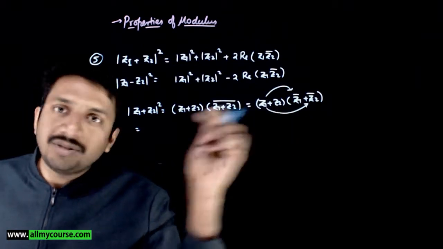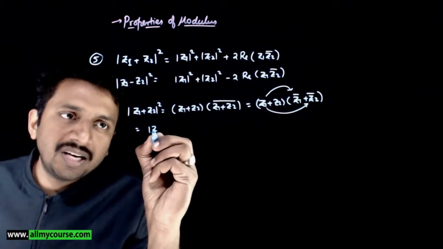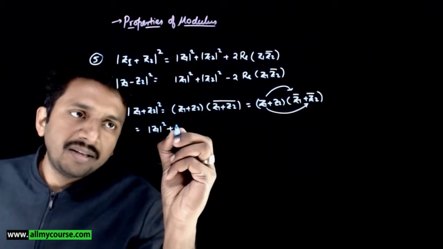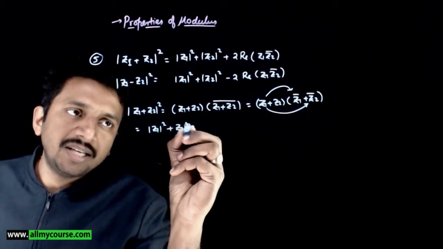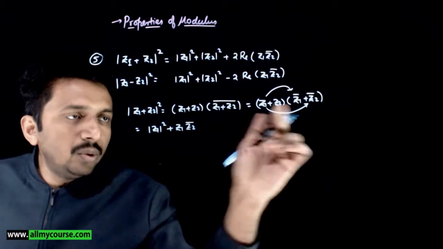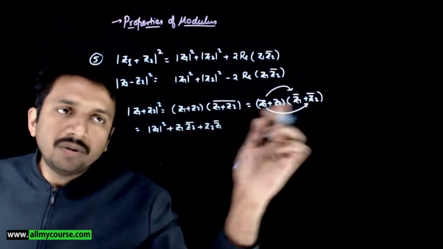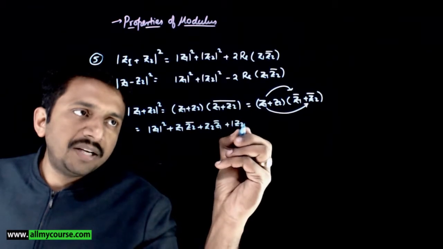So z1 into z1 bar is nothing but mod z1 whole square. z1 into z2 bar is nothing but z1 z2 bar. Next z2 z1 bar. And z2 into z2 bar is mod z2 whole square.